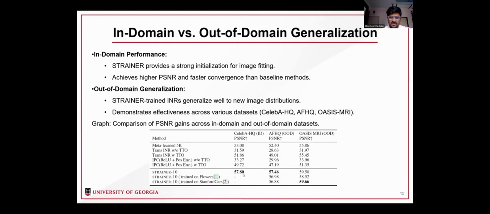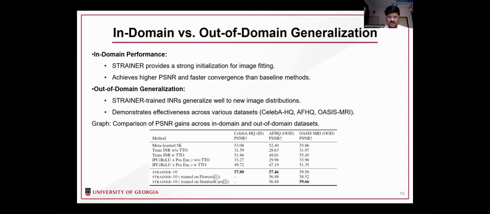We can see that for CelebHQ it has achieved 57.80. For the AFHQ it has achieved 57.46, and for the OASIS MRI it has achieved 59.50. Even the Strainer 10 trained on the Flowers as well as the Stanford Cars dataset performs well on those datasets as well.